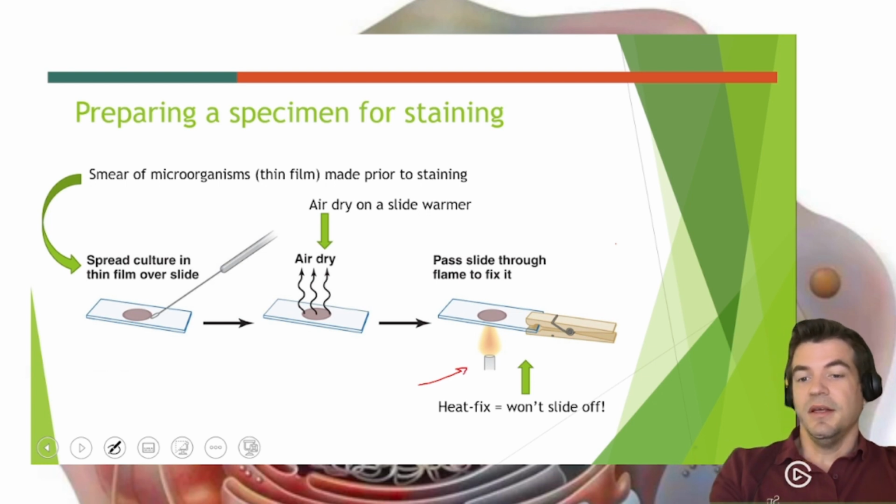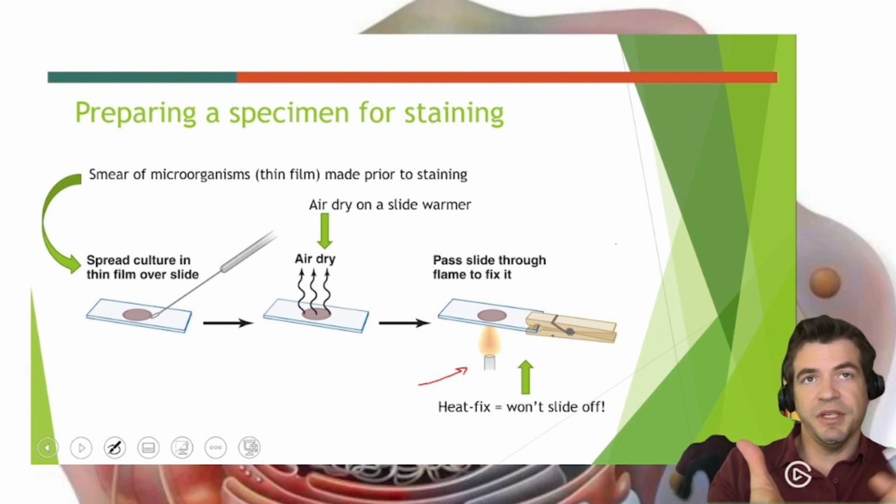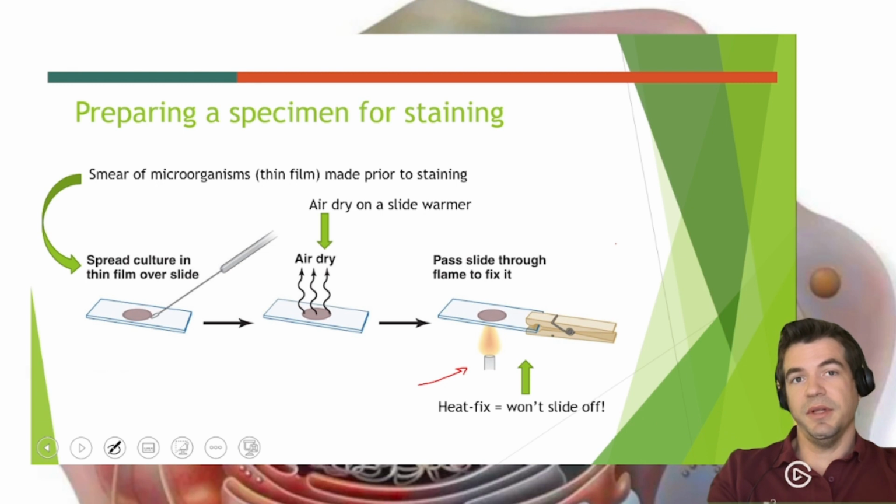So now whatever we do to the bacteria, we rinse it off, we keep staining it multiple times and keep rinsing it off, and that bacteria will actually stay on that slide. There are a couple of times where we don't heat fix.